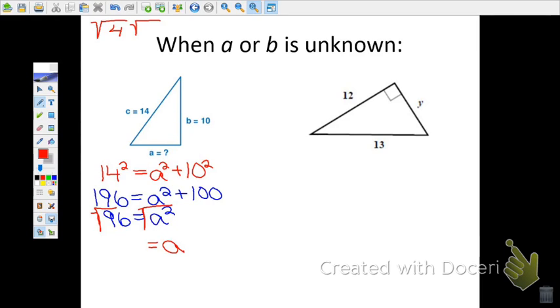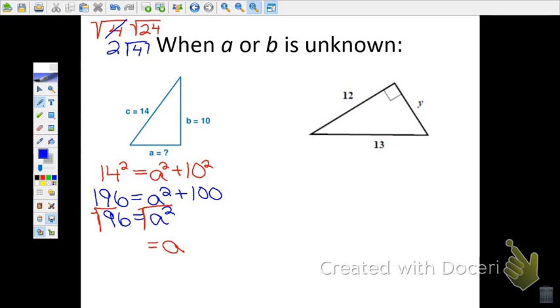It's 24. Okay. Square root of 4 is how much? 2. Is there a perfect square that goes into 24? 4. So we have to go again.